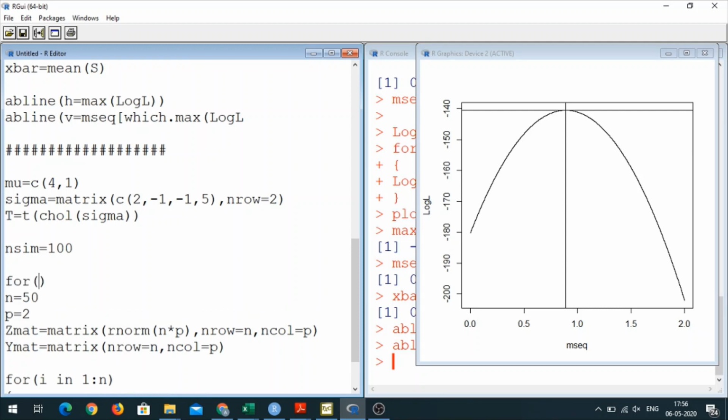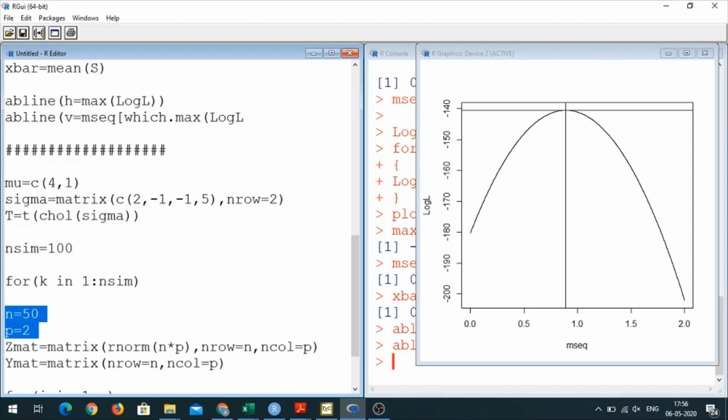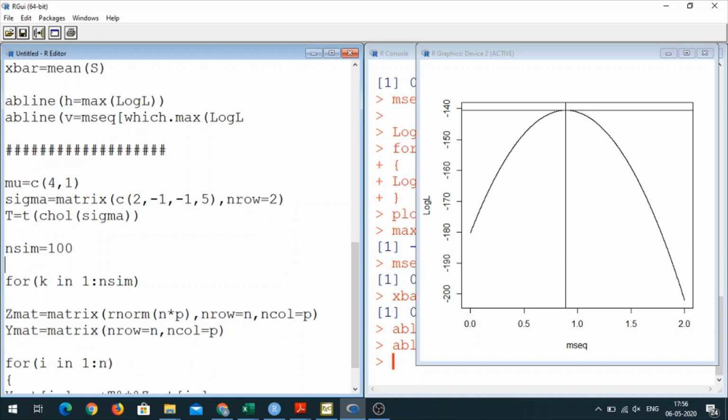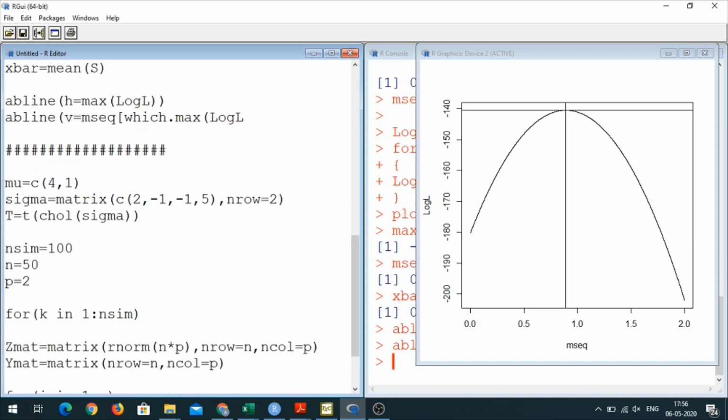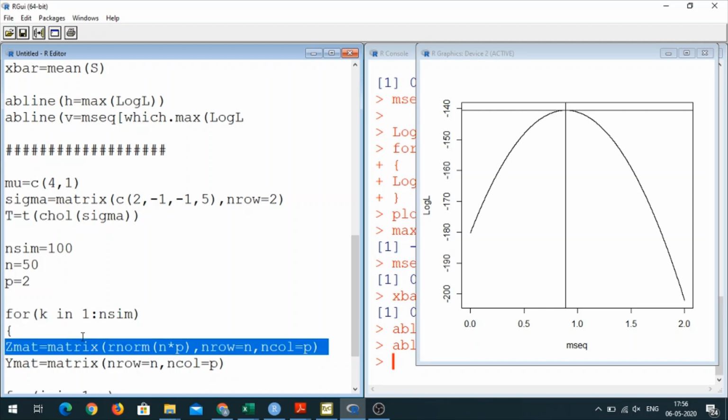So for k in 1 to nsim, this is not going to change, so I'll keep it outside. This I need to keep inside because for every sample I need new IID normal 0, 1 observations. Otherwise I'll get the same sample every time. So this needs to be inside this k loop.